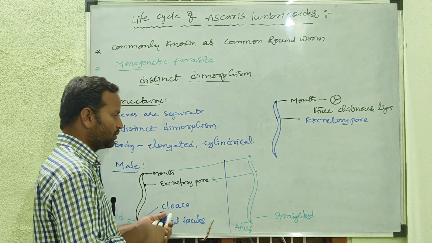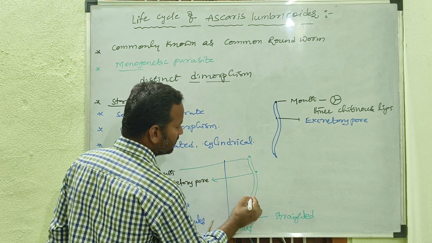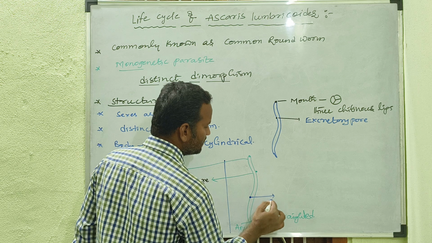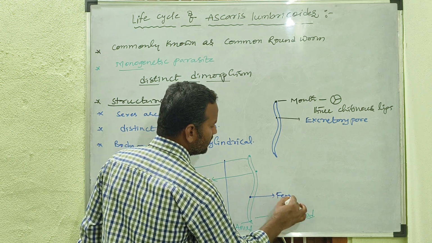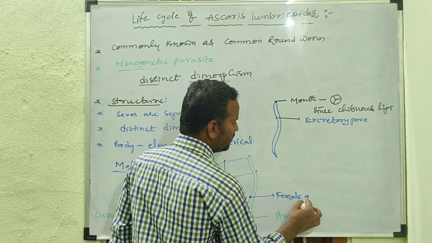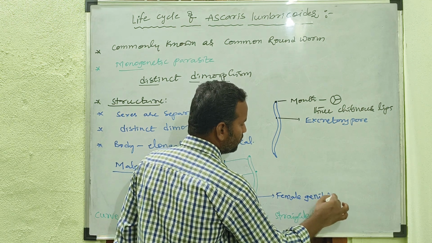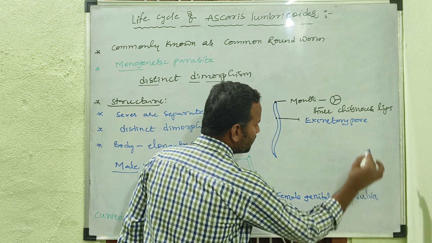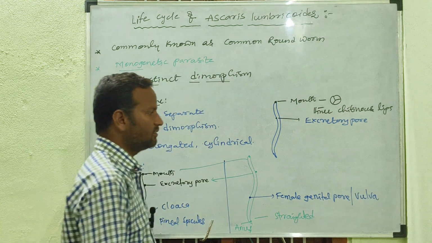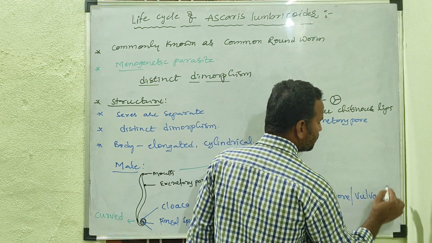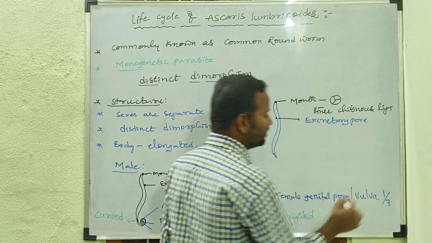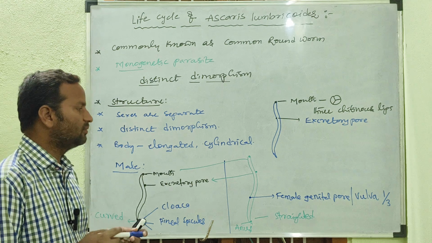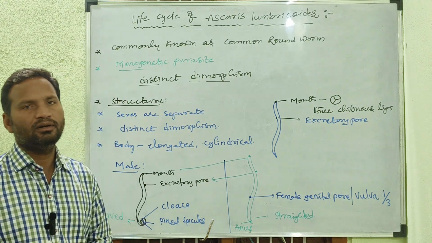See there, approximately here, one third of the length from the mouth, a pore is present which is called the female genital pore or vulva. That is about the female genital pore.